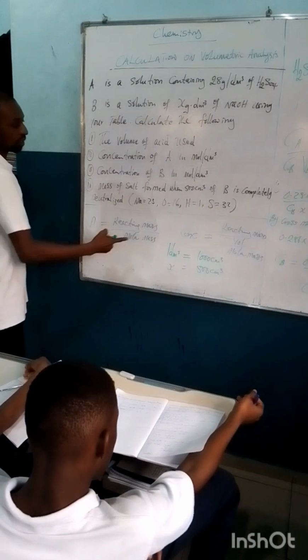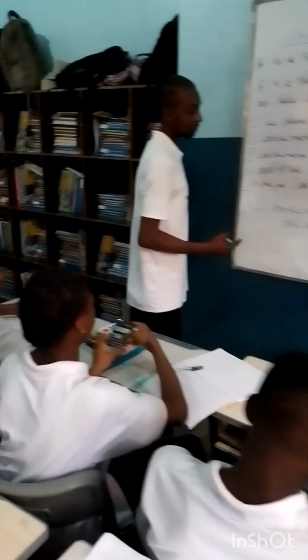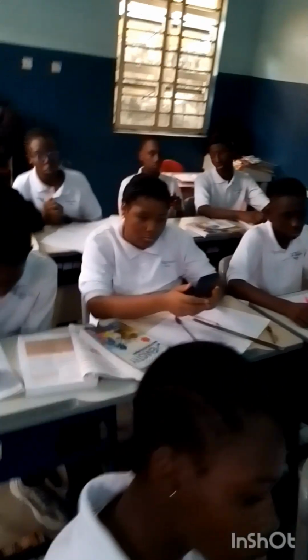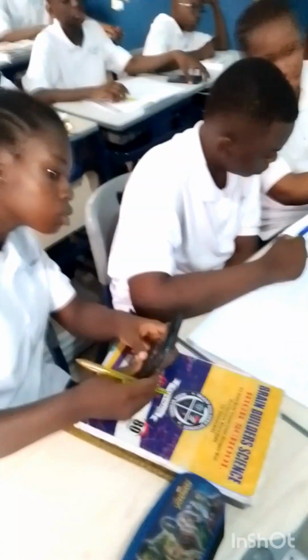Somebody solve. What is the value in dm cube now? Cross multiply and get the answer. It is 0.5, so it means the volume is 0.5 dm cube.